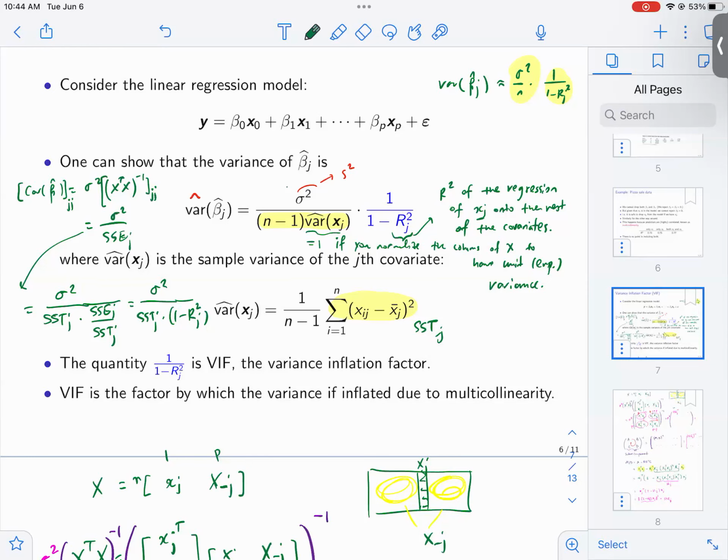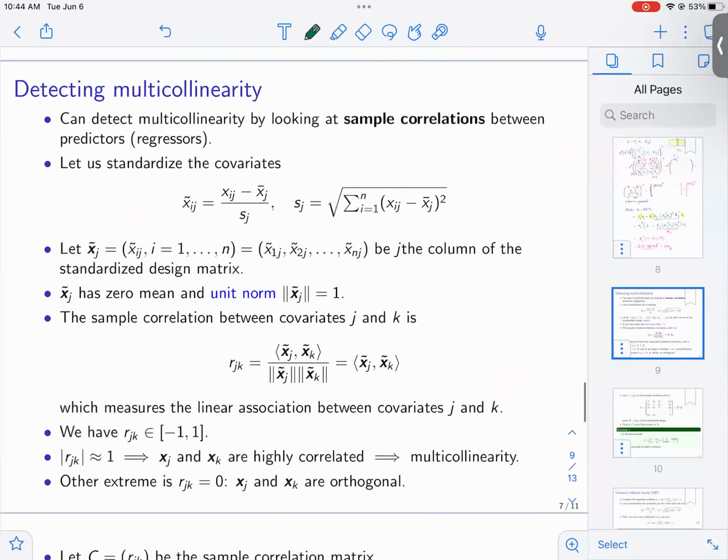Okay. So in the remaining time, I just want to mention there's an alternative way. This is the nice way of looking at it. There's an alternative way which we will not have enough time to go into in detail. But what you can do is form the sample covariance of the columns.